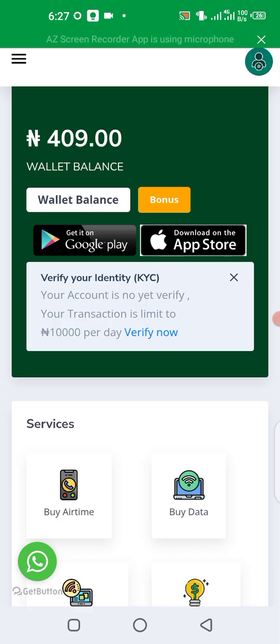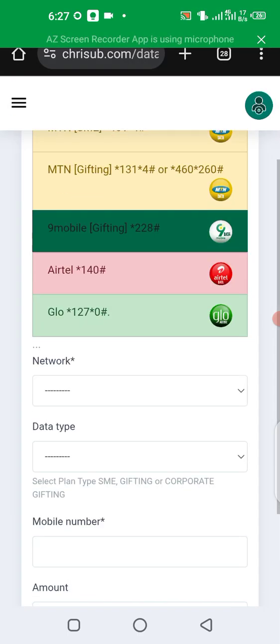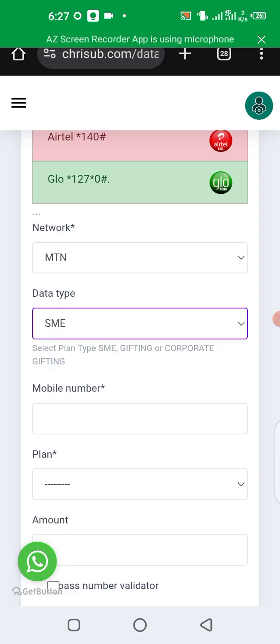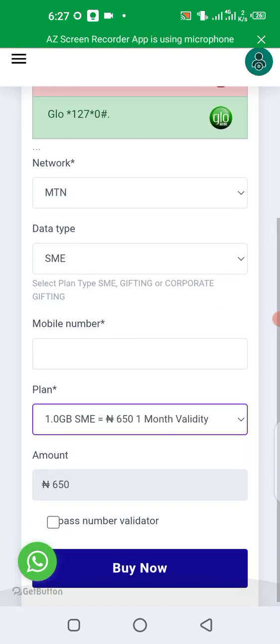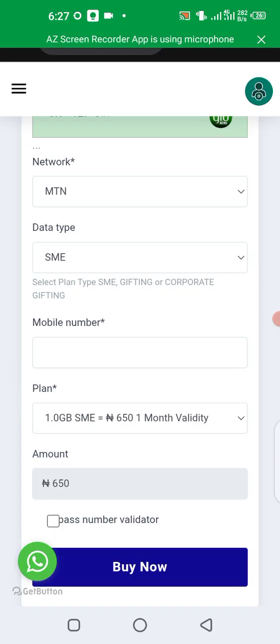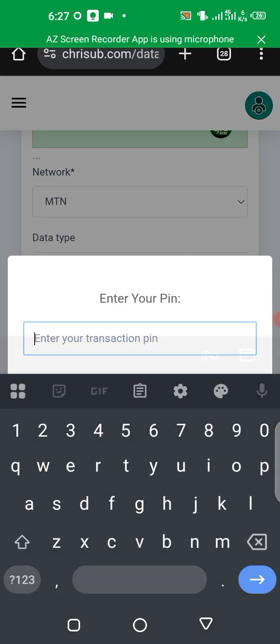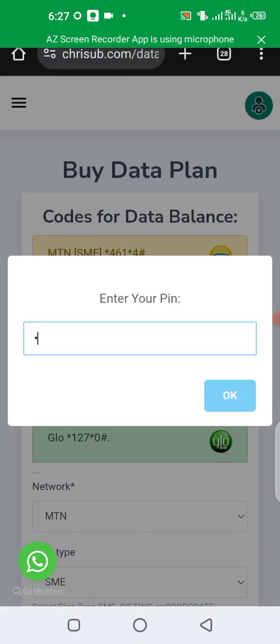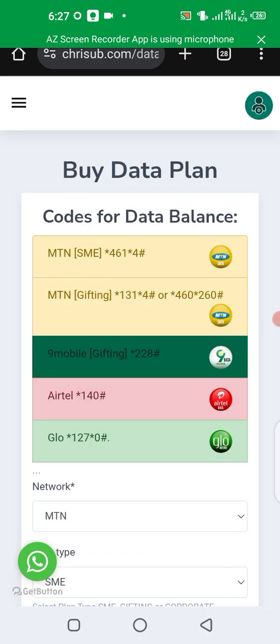Then come here, click on buy data, click on SME, put the person's number here, and click on buy. Put your 5 digit pin. So it's very simple.